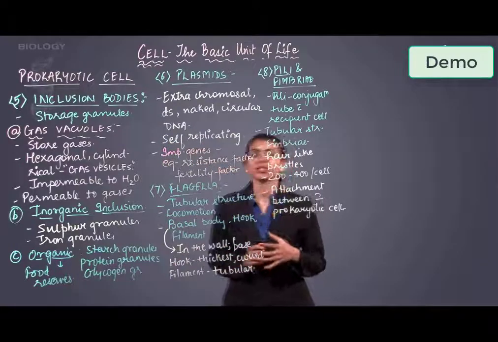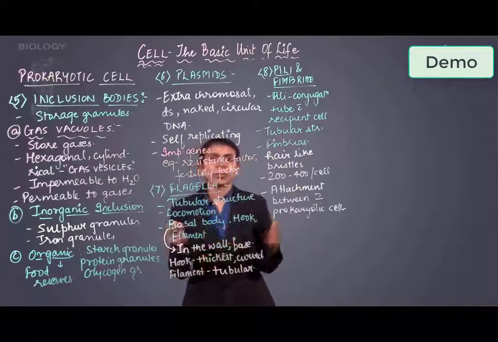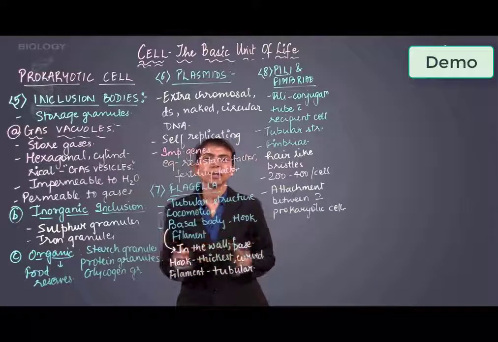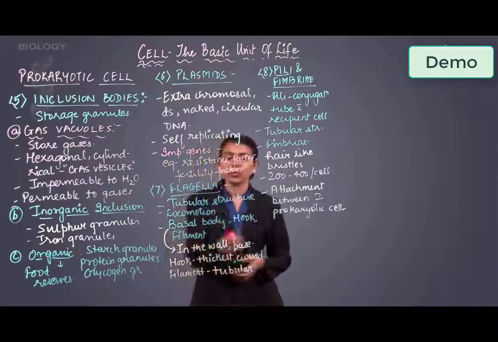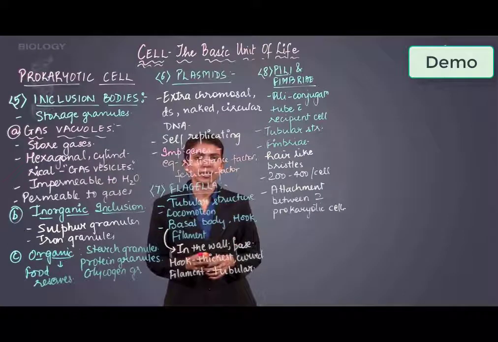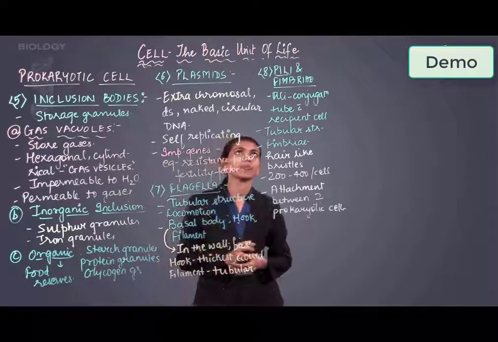These are long tubular structures. The body can be divided into 3 parts: the basal body, the hook, and the filament. The basal body forms the base and is embedded in the cell wall, and the hook connects the basal body to the filament, and it is the thickest part of the flagella, whereas the filament is the long tubular part which helps to move about.